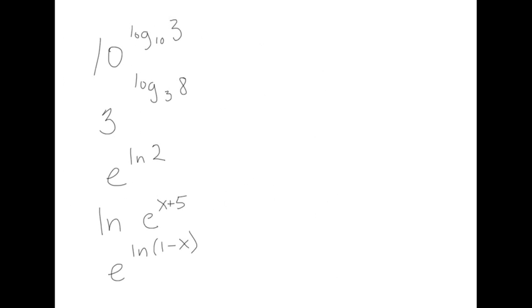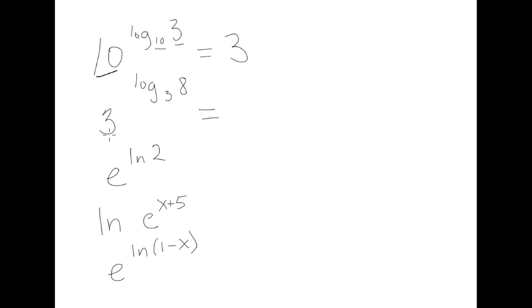So now we'll do a few examples where we're using the definition of the inverse function just in the opposite direction. So here we notice we have 10 raised to the power log base 10 of 3, and since the exponent and the logarithm are inverse functions, we get back simply that 10 raised to the log base 10 of 3 is simply 3.